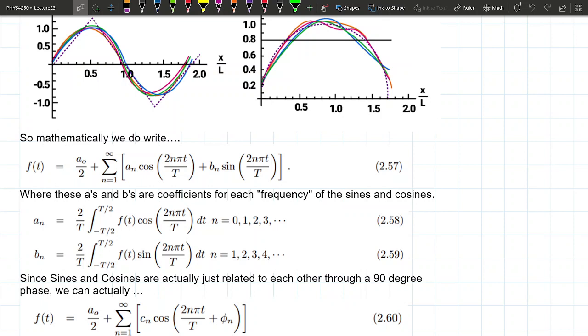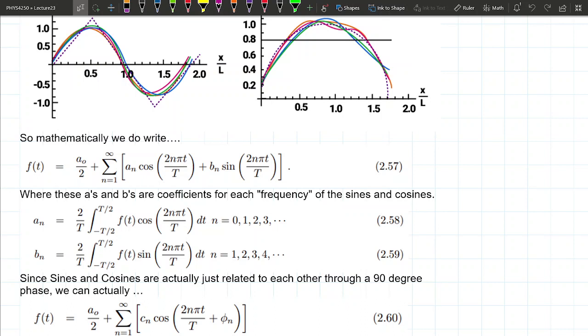Mathematically, this arbitrary function, the function for Matthew or for Uriel, whatever information you want to send across, can be represented by this definition: a sum of some cosine functions and some sine functions with what are called coefficients in front of them to weight them.